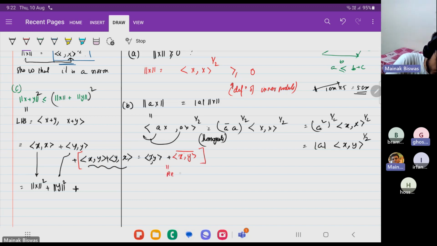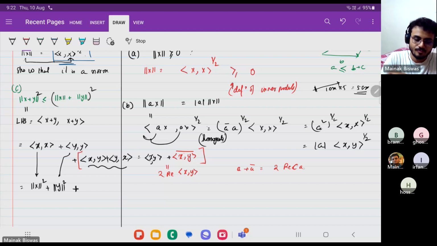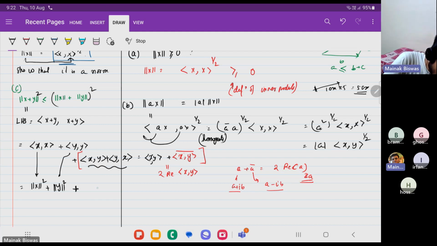Real part of xy, right? A plus A conjugate is 2 times the real part of A. Yes or no? Yes, because if A is, say, A plus iB, A bar is A minus iB. So this is equal to 2A. So this is 2 times real of xy.